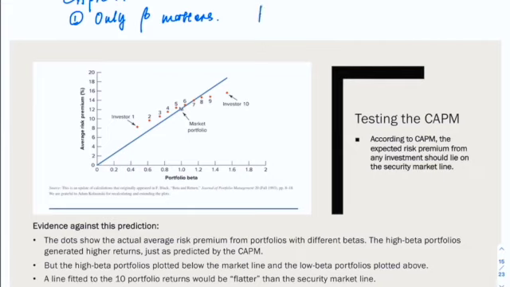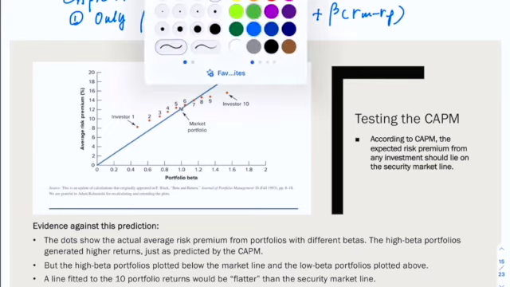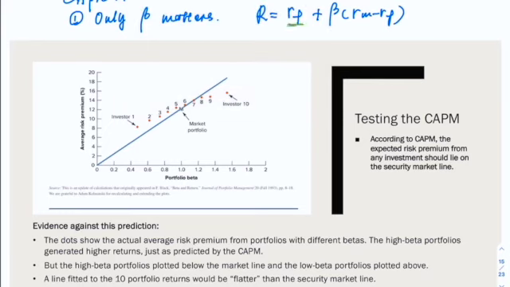Why? Expected return equals RF, nothing we can control, plus beta times the market risk premium. Both of those two factors are out of our control, and they're the same for all assets. Only the beta is different for each asset. Then the CAPM tells us that as long as two assets have the same beta, they must have the same expected return.